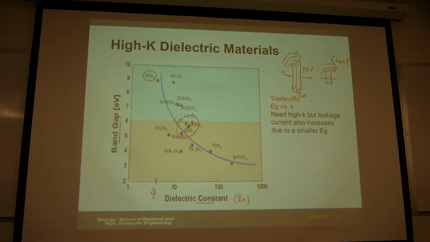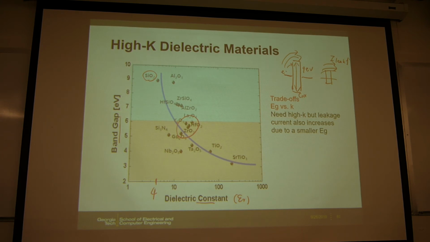Question? Do they sometimes use a compound stack, like heterostructures, so you have some silicon dioxide and then some hafnia, to sort of play between the leakage and the dielectric constant? Yes, I think today's DRAM is not pure zirconium or hafnium oxide.